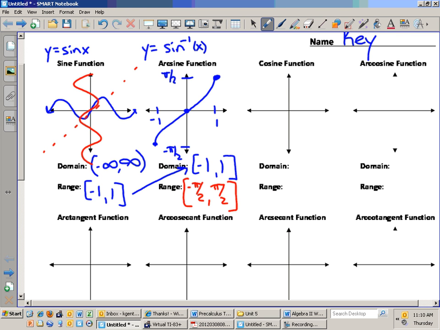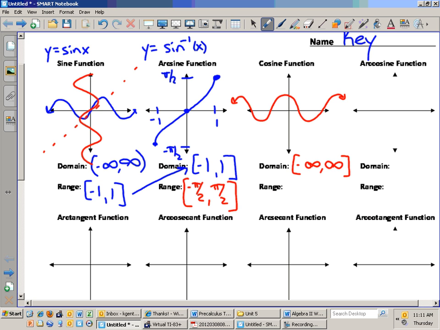If you remember, the cosine function looks something like this. And what's the domain of the cosine function? Very good, all real numbers. Negative infinity to positive infinity.